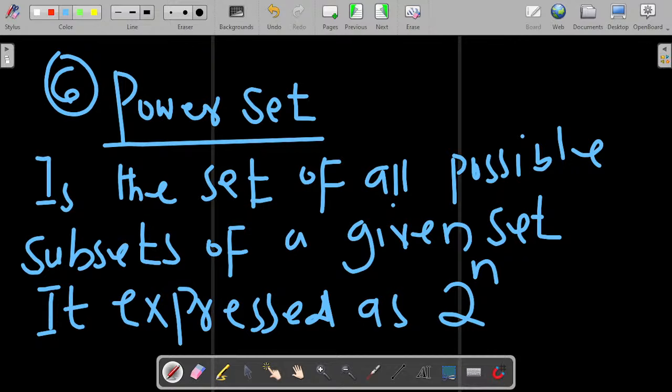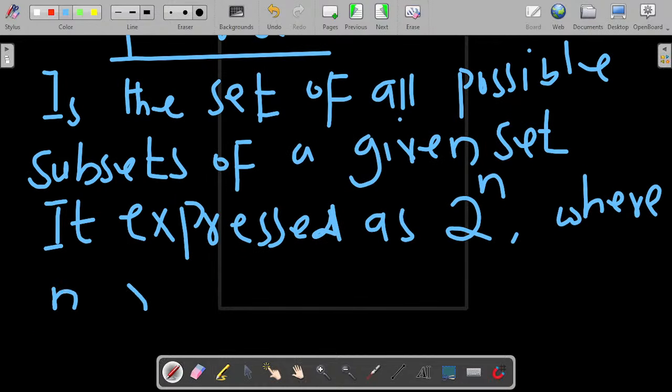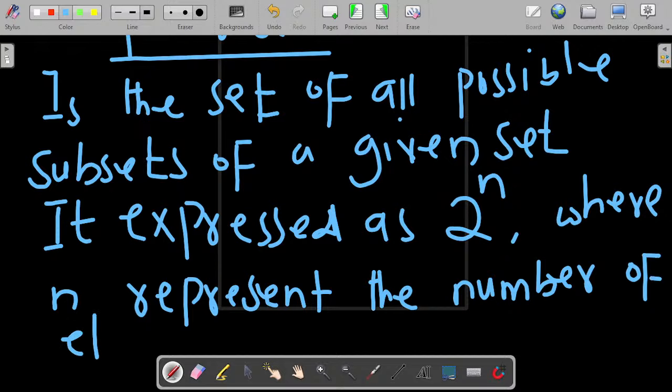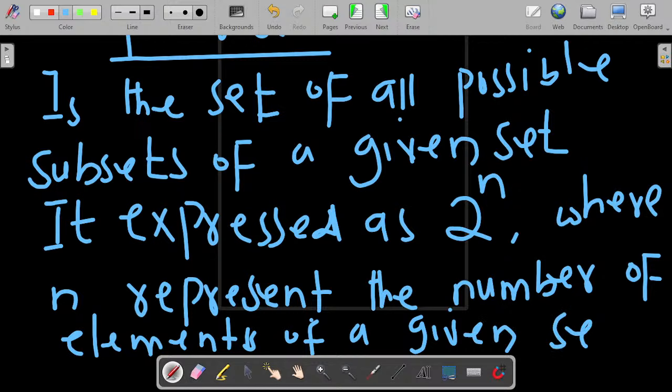It's expressed as 2 raised to the power n, where n represents the number of elements of a given set.